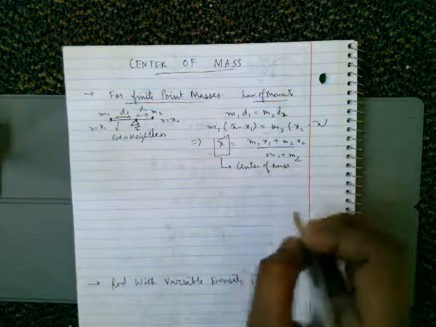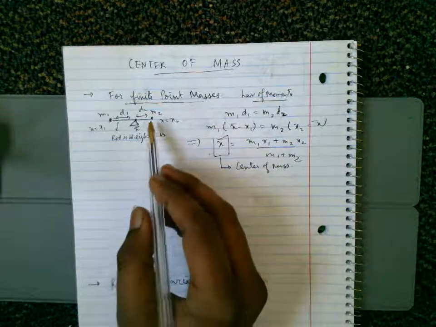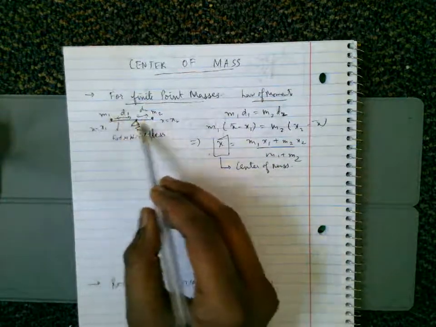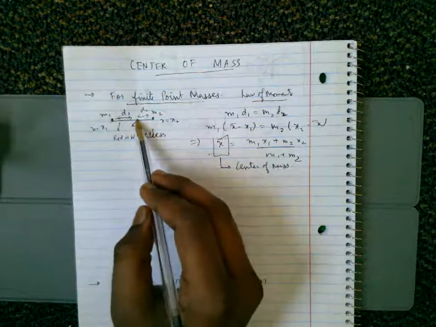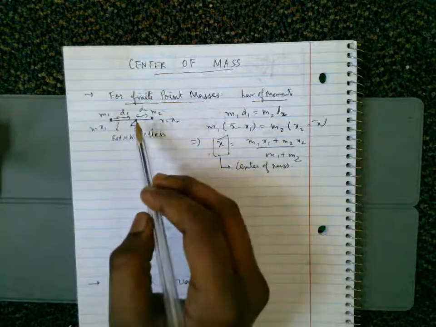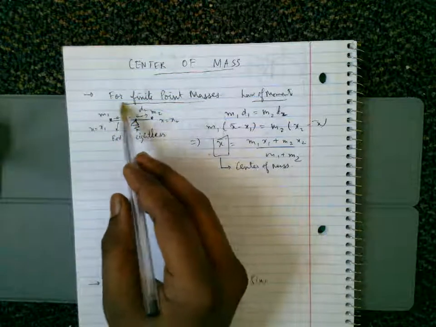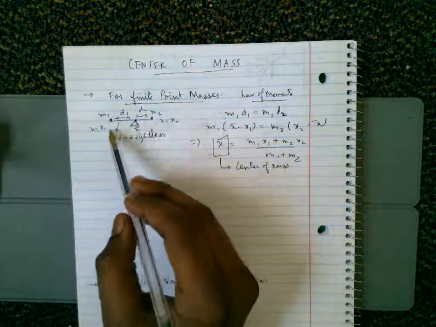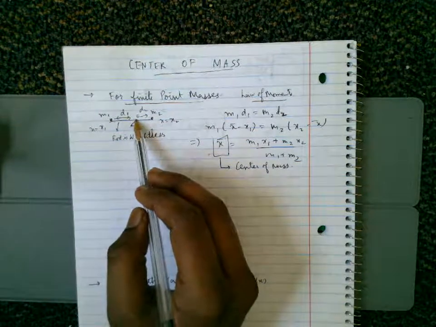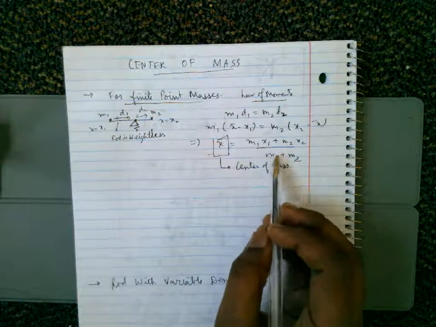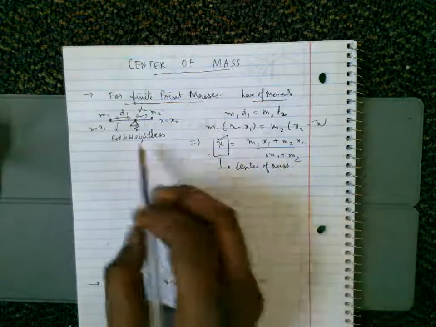So the idea is that we can imagine the mass of this whole system to be concentrated at the center of mass. So it's like if you are imagining one particle which has mass m1 plus m2, then it has to be at this point, m1 x1 plus m2 x2 by m1 plus m2.